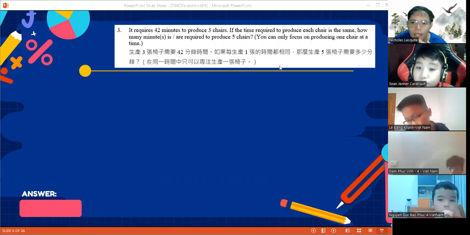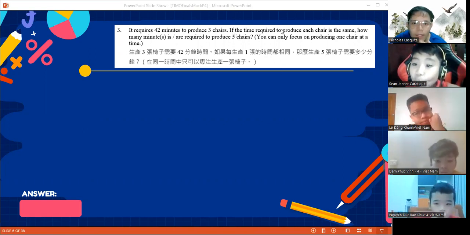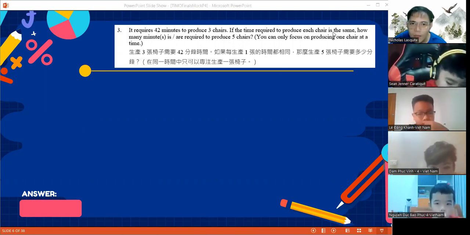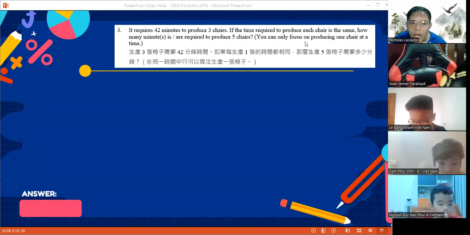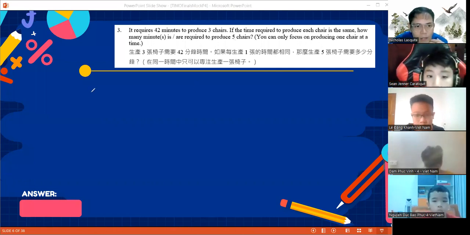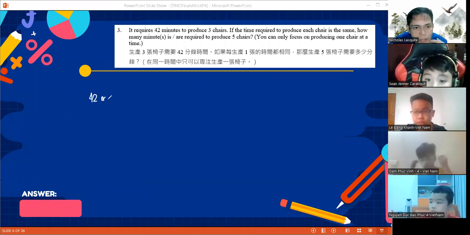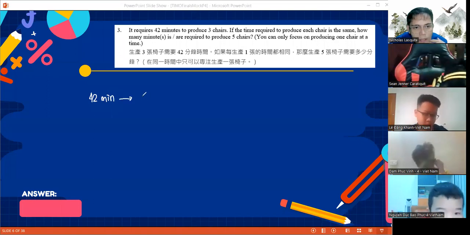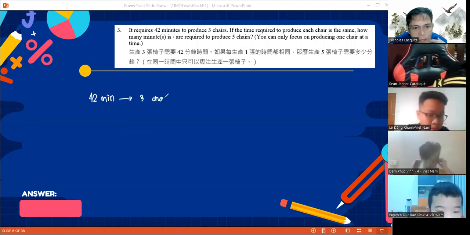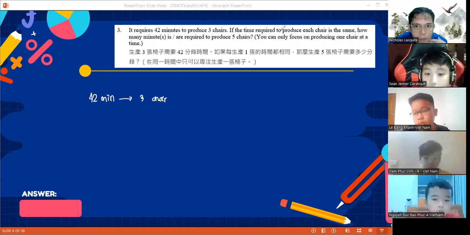If the time required to produce each chair is the same, so 1 chair is 14 minutes, another chair 14 minutes, how many minutes are required to produce 5 chairs? Again, 42 minutes will be able to produce 3 chairs.